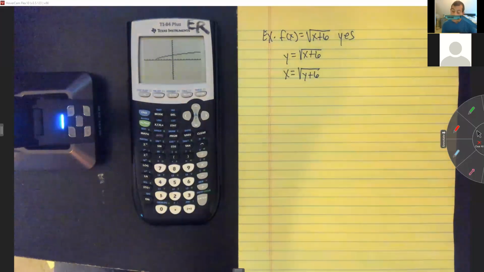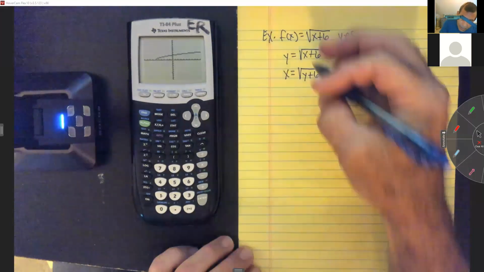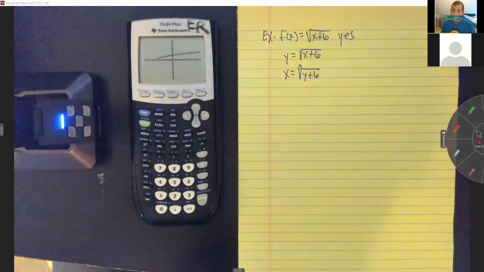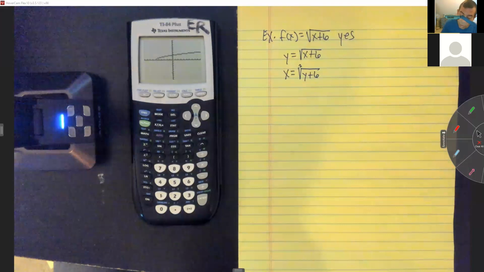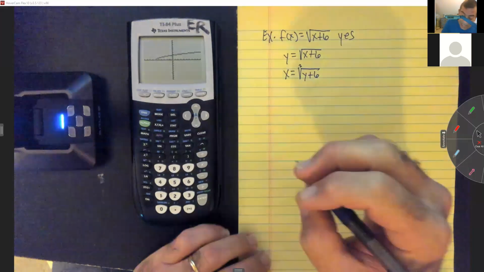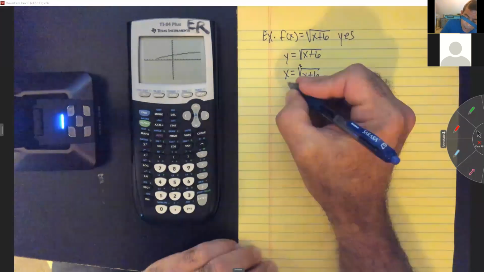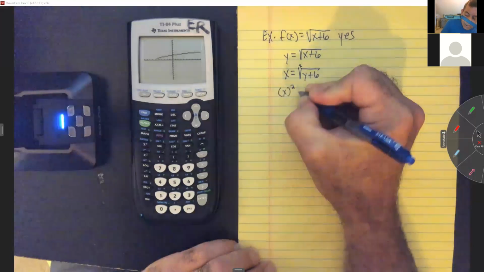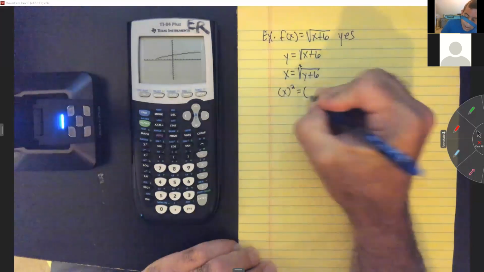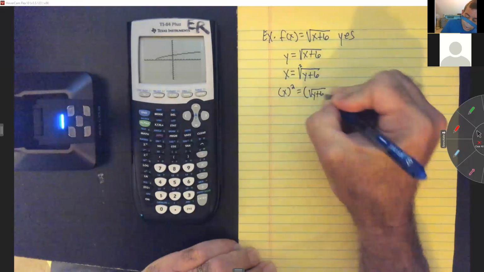But y'all, that y is under that radical. So the first thing you got to do is get rid of that radical. Now remember, that radical really has a 2 in the notch. So to undo a square root, we square both sides. So I'm going to square the x, and then I'm going to square the radical y plus 6.